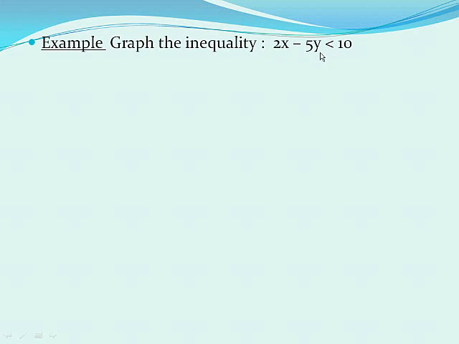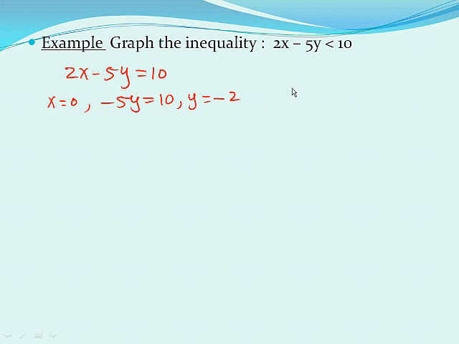2x minus 5y less than 10. So step 1, we need to write the boundary line, which will be 2x minus 5y equal to 10. I may want to calculate 2 points. So if I select x equal to 0, negative 5y will be 10. So the y value is going to be equal to 10 over negative 5 or negative 2.